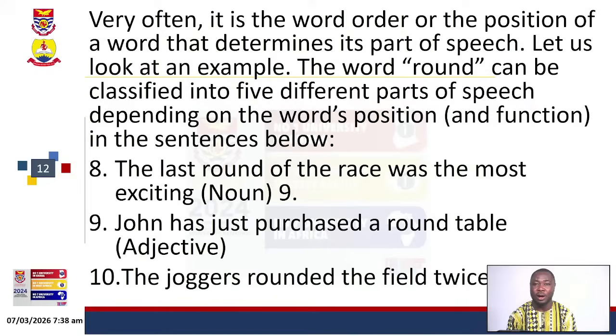The word "round" can be classified into 5 different parts of speech, depending on the word's position or the function to which we put the word in the sentence. What we are saying is that "round" can potentially be a noun, a verb, an adjective, an adverb, or a preposition, the same "round."